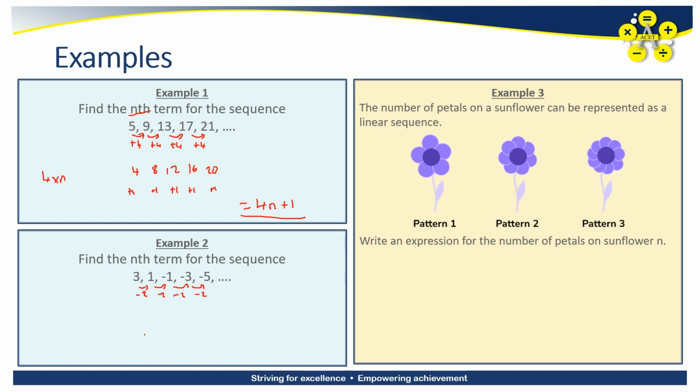So the only sequence in the world that goes down in 2s is going to be my -2 times table. So -2 times a number, which we know simplifies to -2n. But we need to consider what that times table is. So the 2 times table is 2, 4, 6, 8, 10. So the -2 times table is going to be -2, -4, -6, -8, -10.